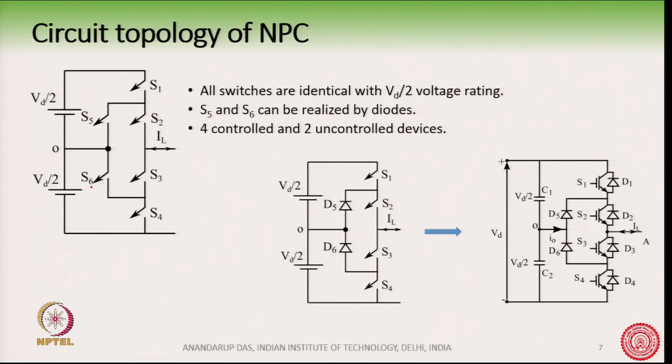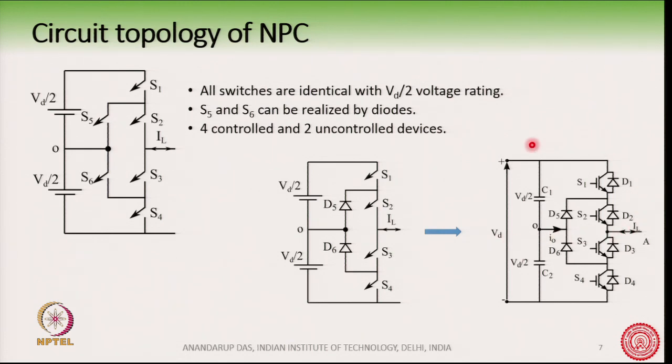People had realized that. So S5 and S6 need not be a transistor with an antiparallel diode; we can have only diodes here, D5 and D6.